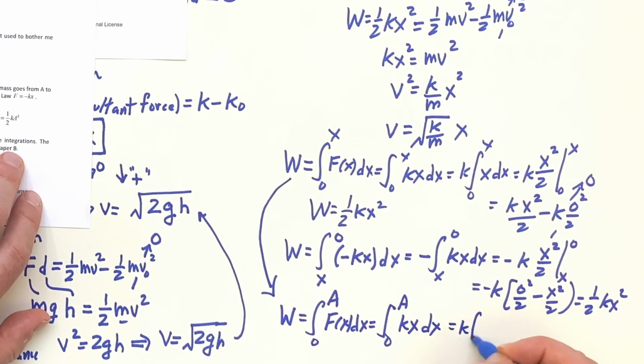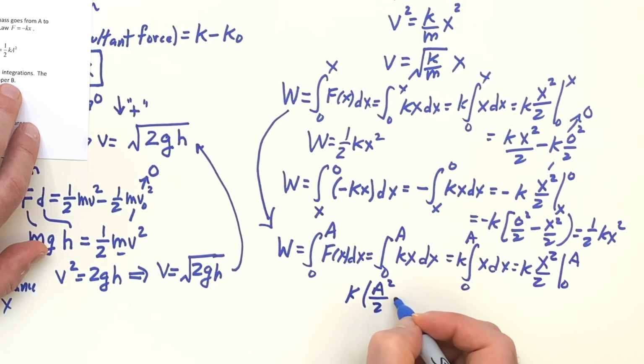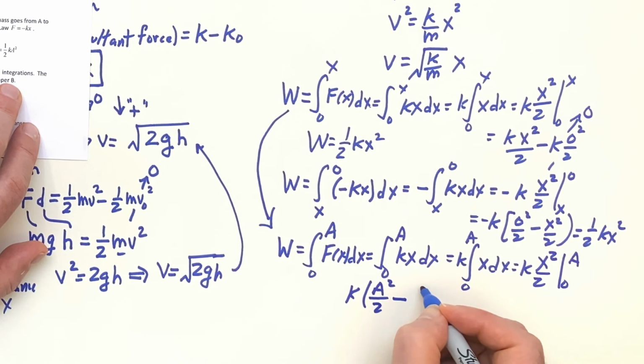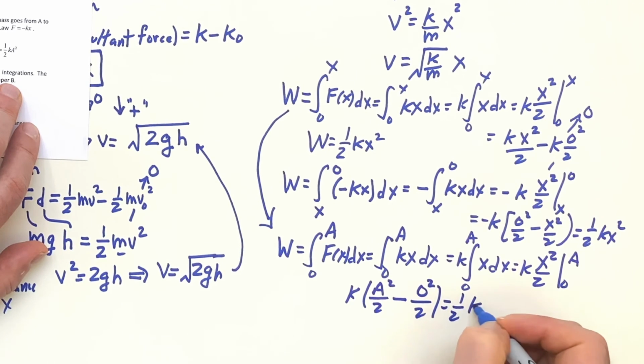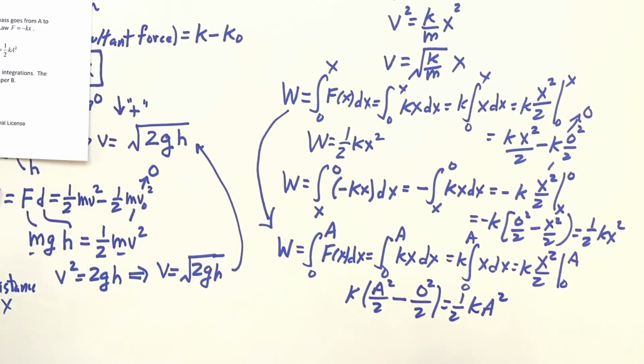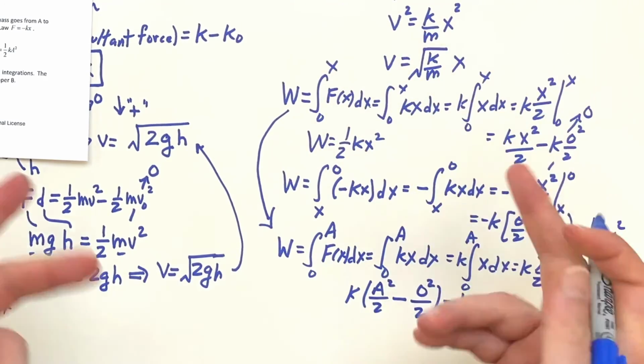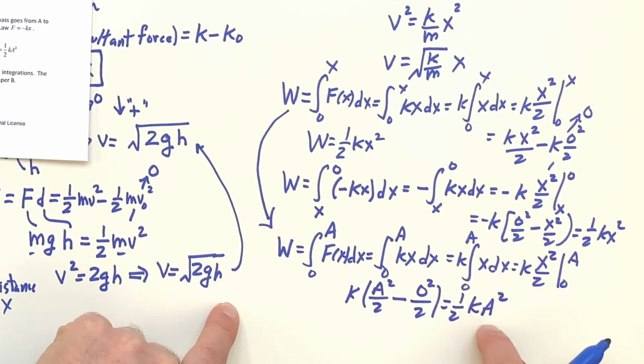This is kx squared over 2, from 0 to A. Where you put in x as A, and then subtract when you put in 0, you get 1/2 kA squared. If you want, you could just say A is x. It doesn't matter. But it used to bother me to have the x here and there, so I just wanted to point out you could always do it this way.